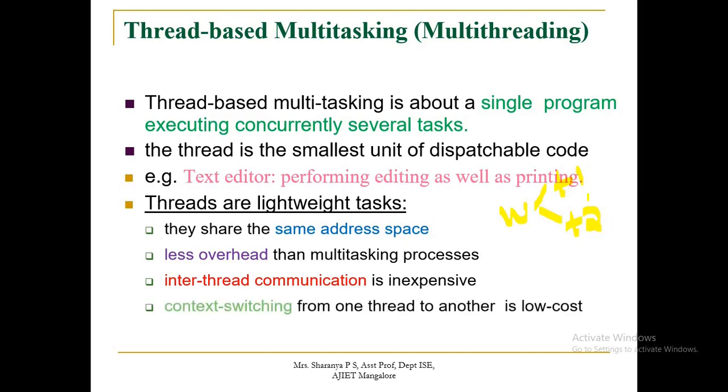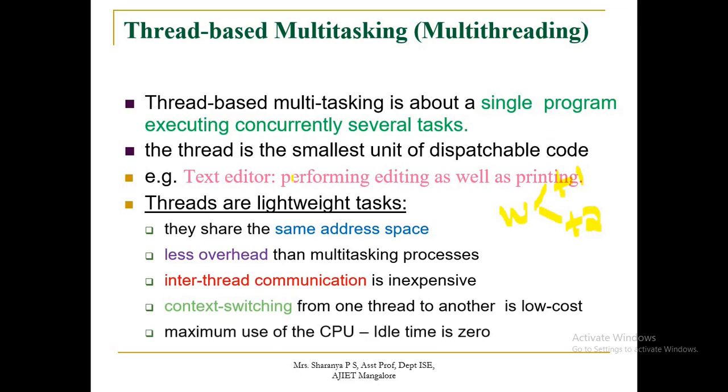And one more, performing context switching is also much easier because it is the smallest unit. So context switching will be much faster and low cost. These are all because of these features. These threads we normally call a lightweight task. These are the differences.